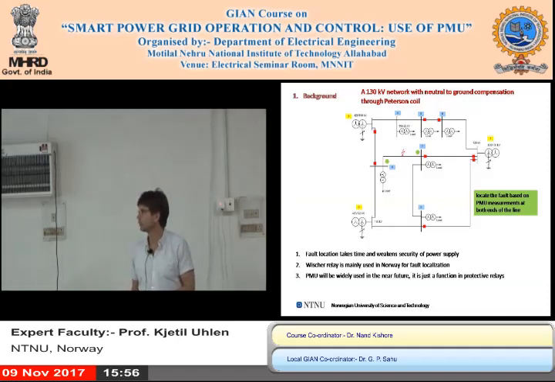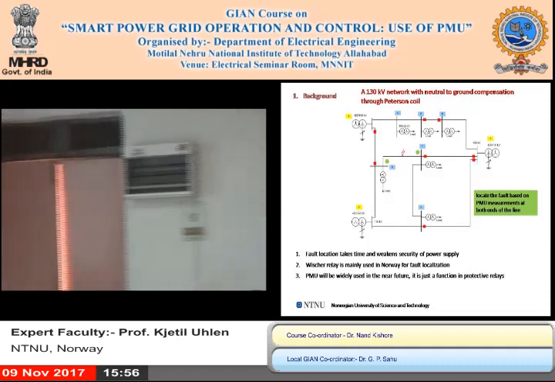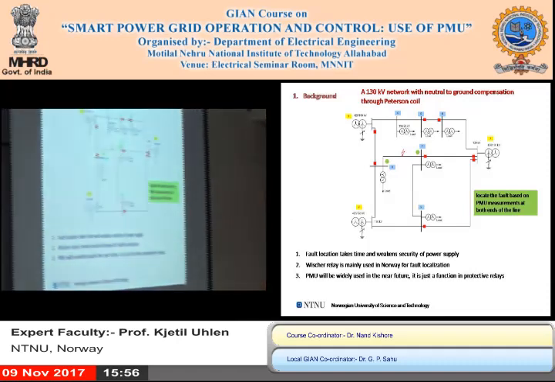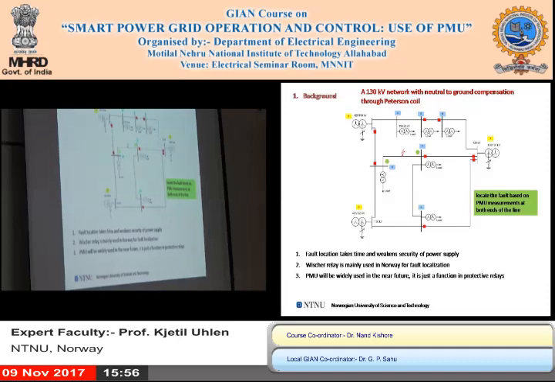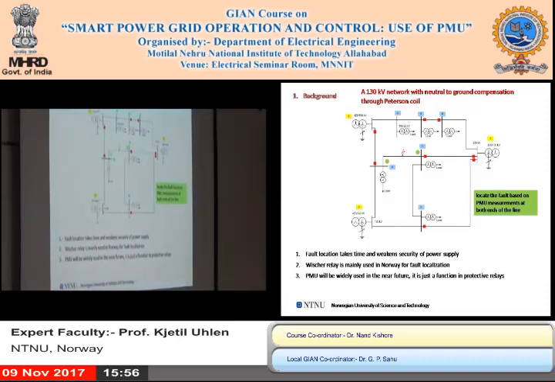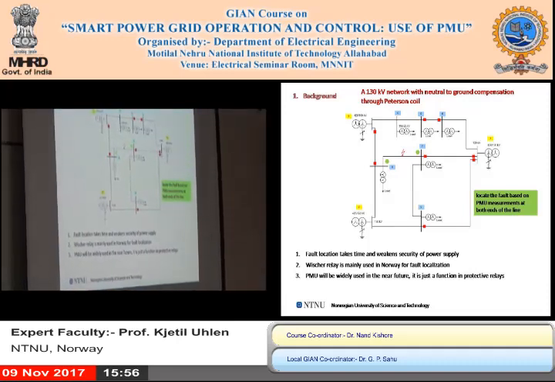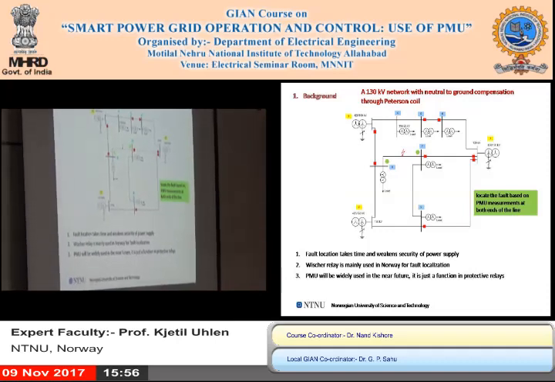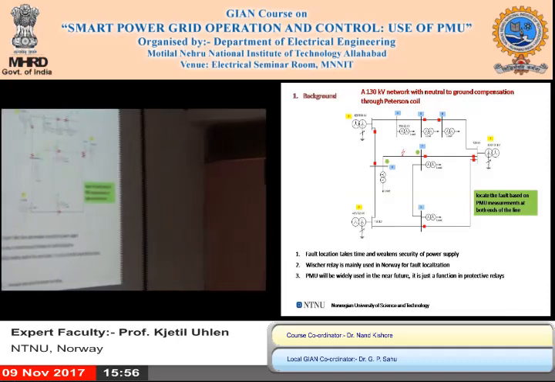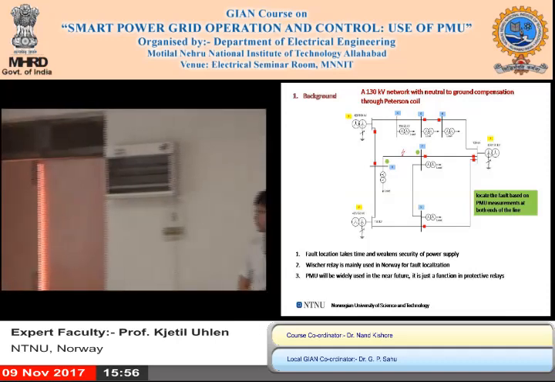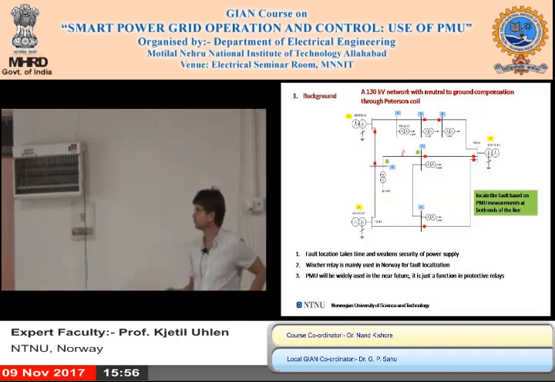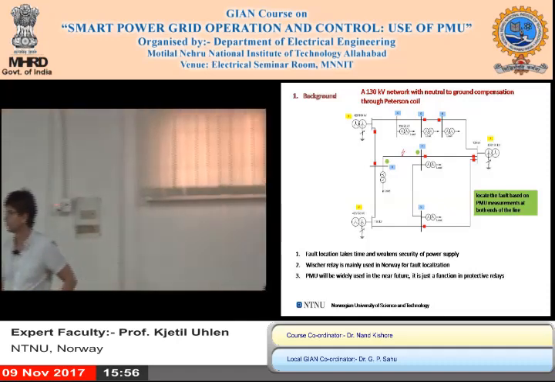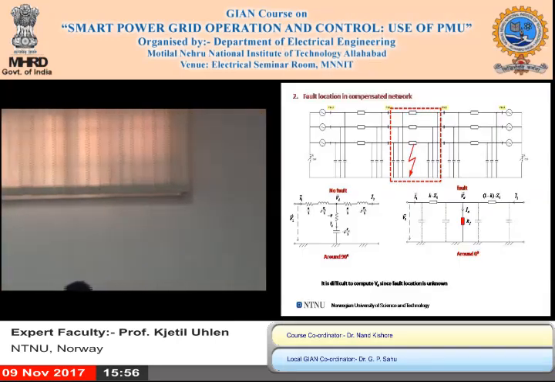If you have PMUs at both ends of the line, you can do something. In this case we assume that we have PMUs at all the nodes, which I guess we will have in the future, and then we can make an algorithm.